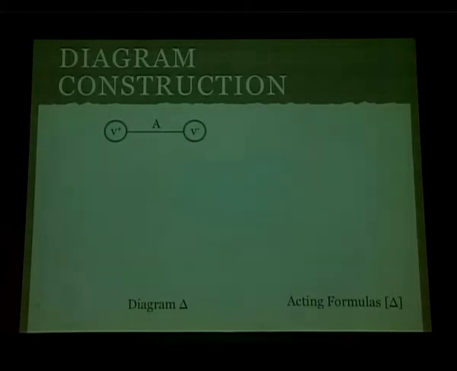So let me explain to you what a diagram is on an example. I will show how we construct a diagram, and I will always construct a diagram by starting with two vertices, V plus and V minus, connected by an edge, in this case an undirected edge, labeled by some set of variables.